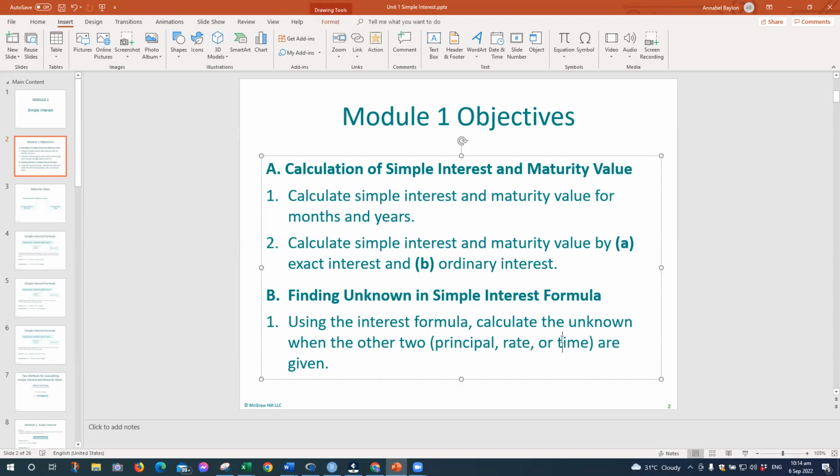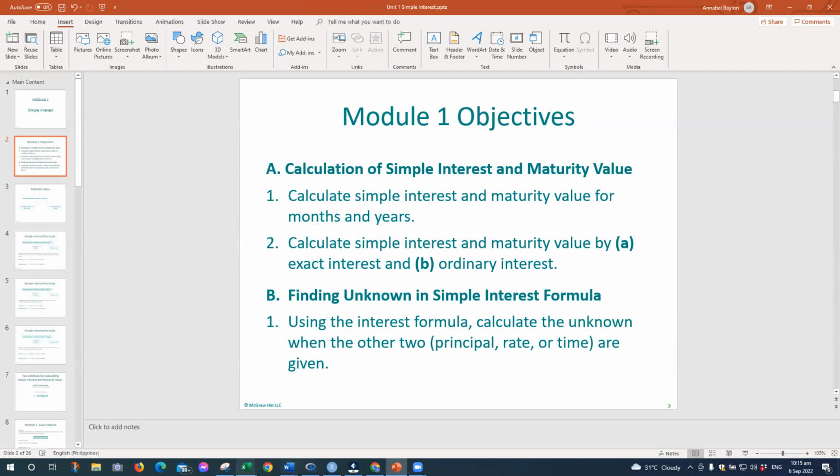With the time, if we're interested to compute for the time, then we should know the principal and the rate. This is more of a review of maybe your senior high school math, where you also had these lessons. Only we will have more complicated, more complex problems because this is college already.